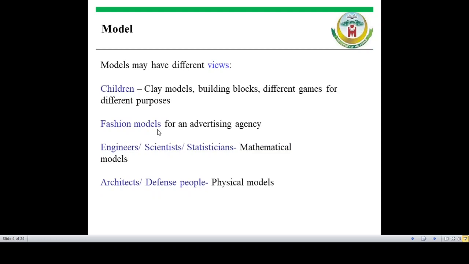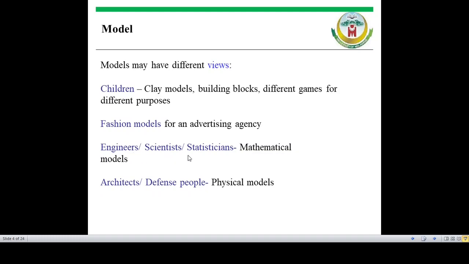For example, how these items will look when the clients wear those items. So these fashion models actually represent the clients.